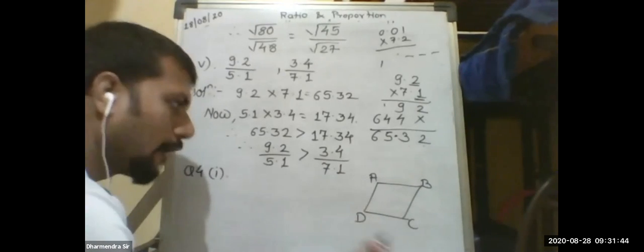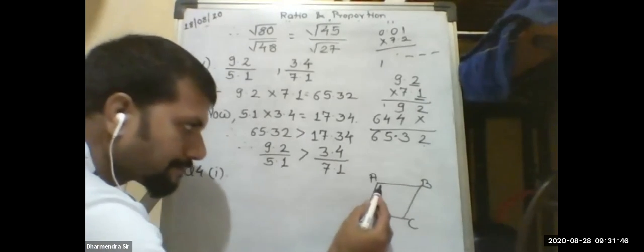So the property of a parallelogram says that opposite sides are parallel. Opposite sides of a parallelogram are parallel, and adjacent angles. Now what do you mean by adjacent angle?